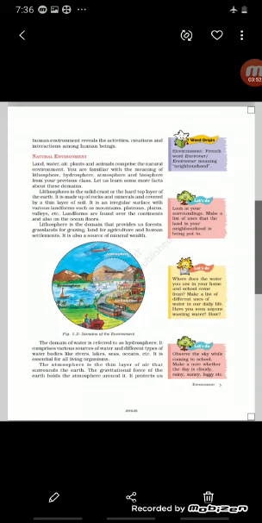You can see the pictures there: atmosphere, hydrosphere, biosphere, lithosphere. These are the domains of the environment.